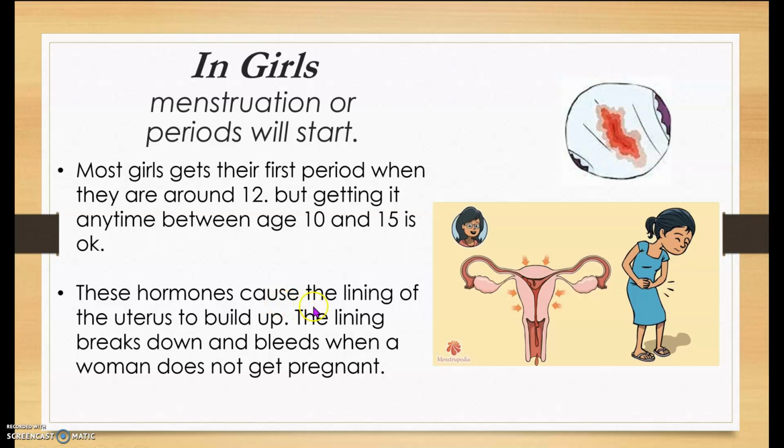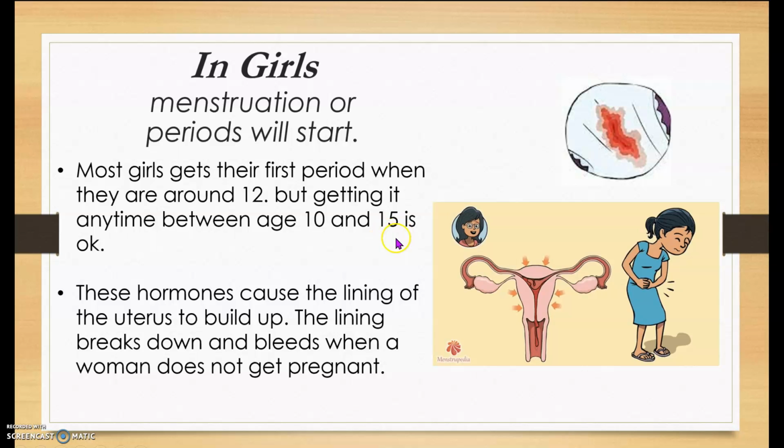These hormones cause the lining of the uterus to build up. The lining breaks down and bleeds when a woman does not get pregnant. So during puberty, the girls can start their menstruation, or getting blood, at around 12 years old. But some girls start earlier or later.